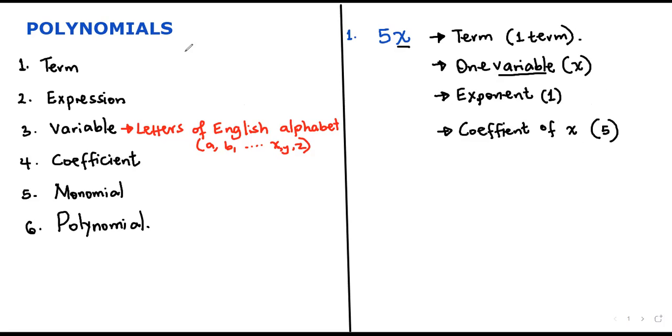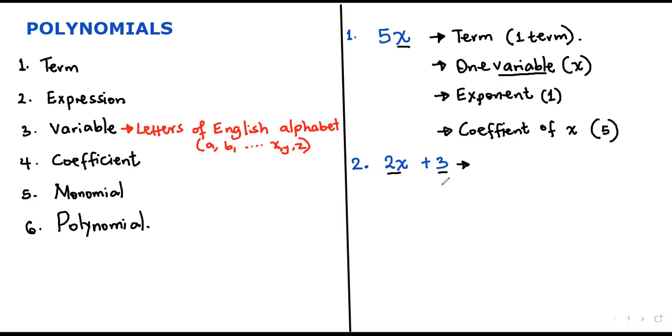Let's have it as number 2. Let us have 2x plus 3. Now, in this 2x plus 3, when we have 2x alone, we call it a term. 2x is one term, and 3 is also another term.